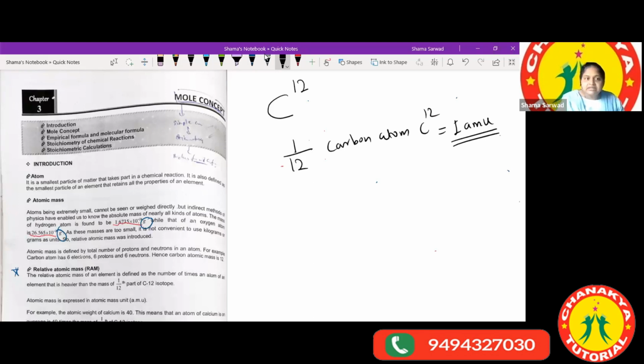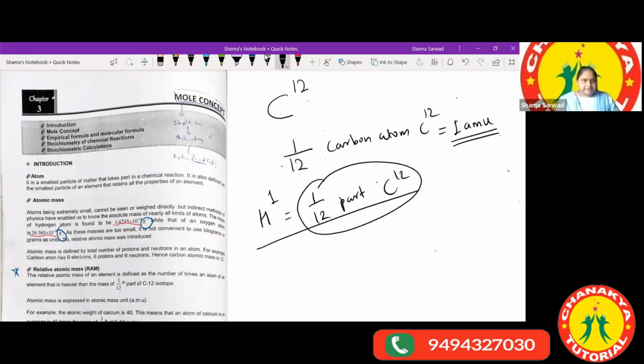If you take the atomic mass of hydrogen, which is 1 unit, it will be nothing but 1/12 part of the carbon-12 isotope. Understand? It means the atomic masses of atoms are compared with a 1/12 part of carbon-12, and on that basis we decide the atomic mass.